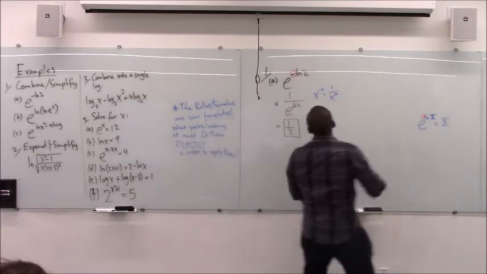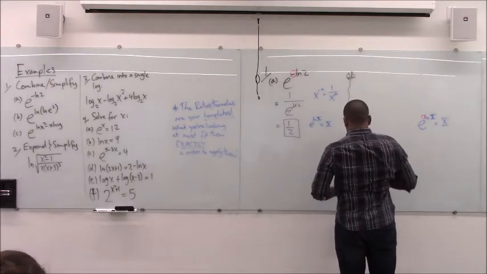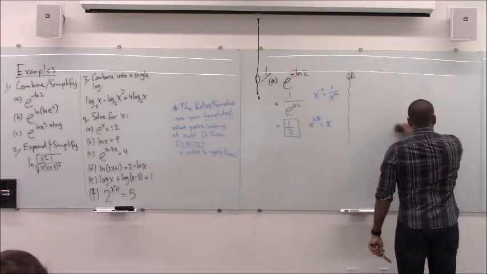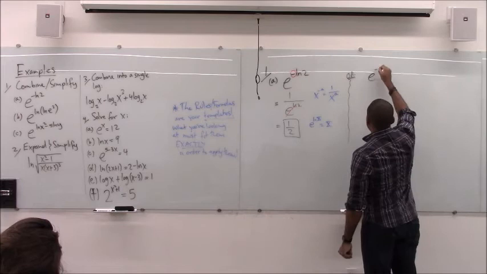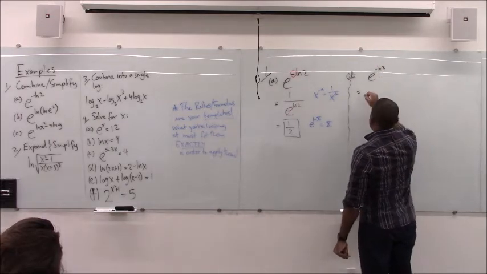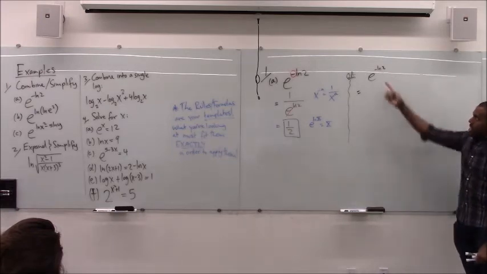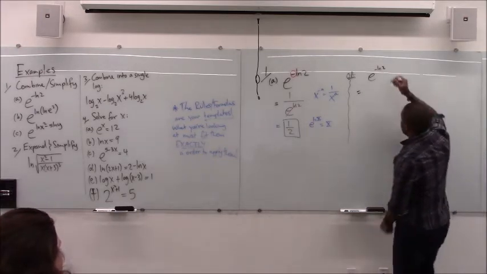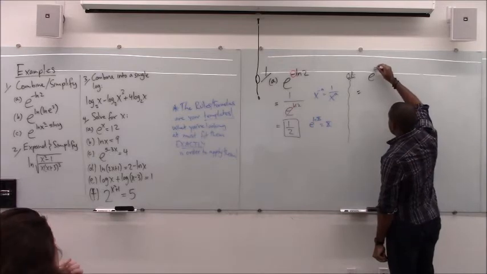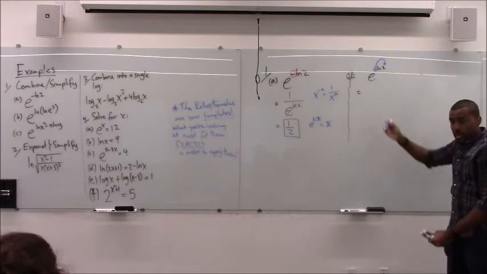By the way, there are multiple ways you can actually do this by just looking at different rules at different times. So you could also have e to the minus ln 2, and you know you want to cancel the e and the ln, but you realize that that negative sign is in front, so what you can do is move it. Notice that we have a rule that says if there's something multiplying in front, I can move it up as a power, right?